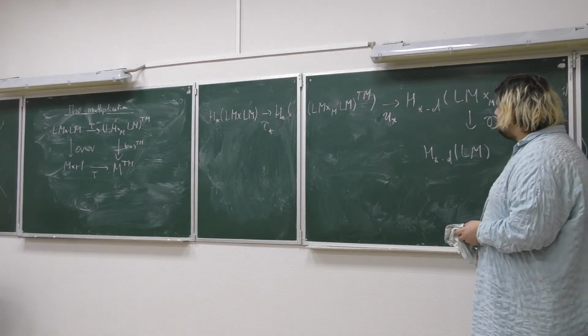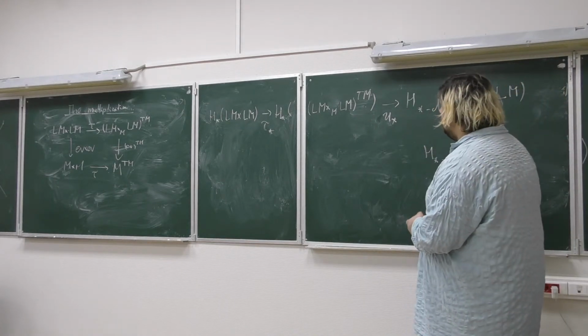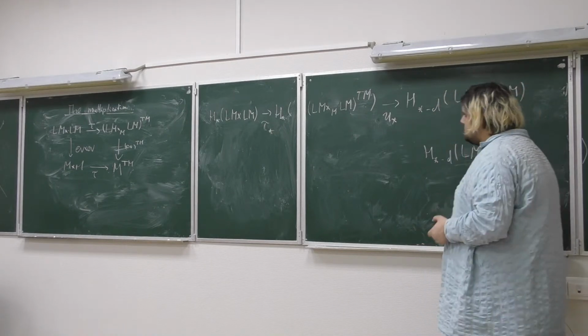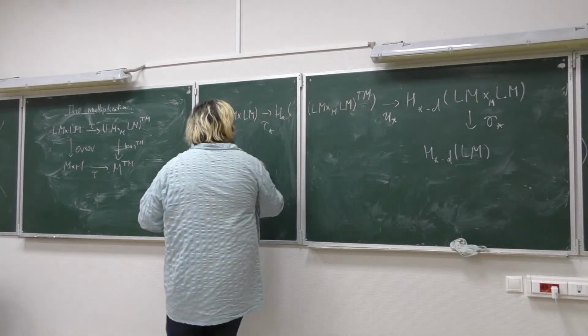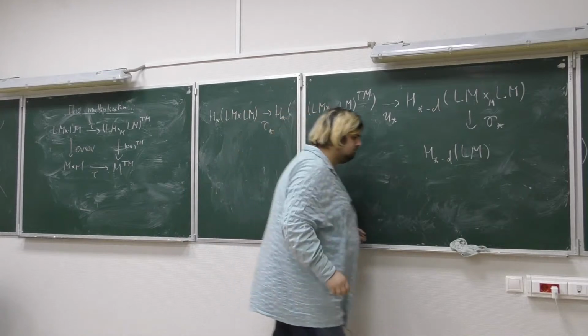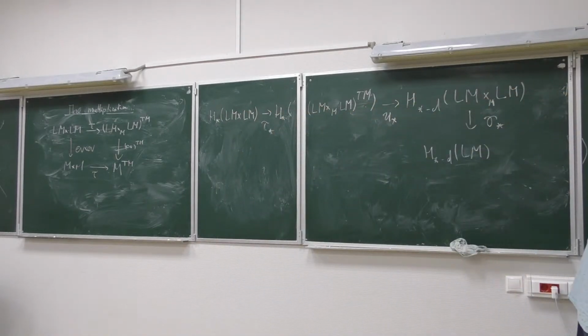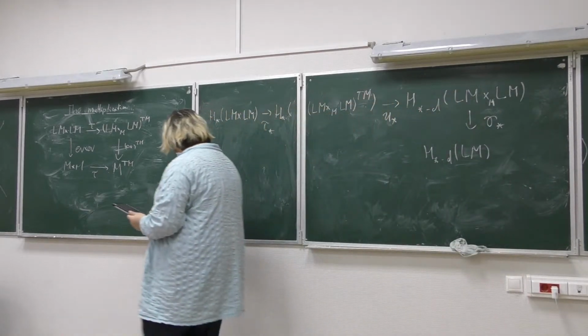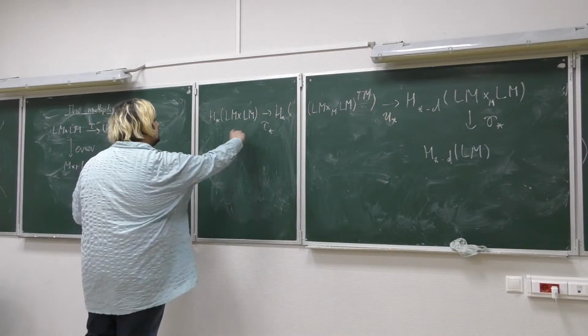Yes. So we get the following diagram, and that basically explains how the multiplication is constructed. So we just need to take the composition of loop concatenation and this Pontryagin-Thom map.